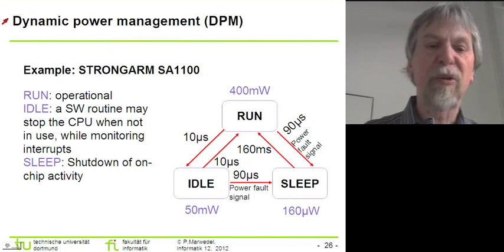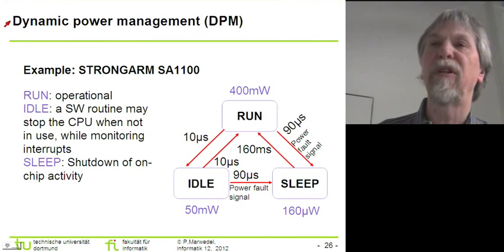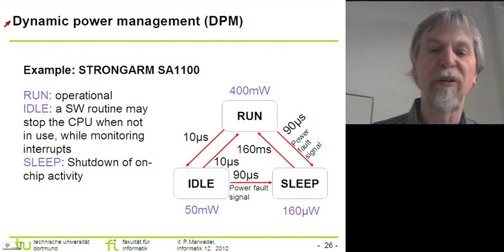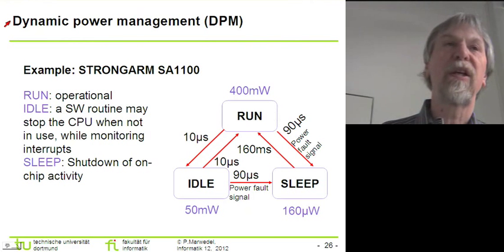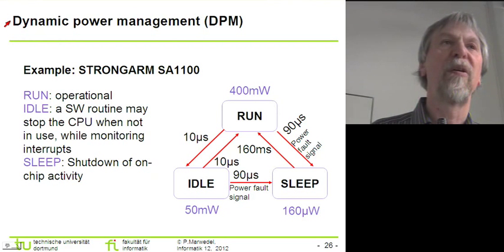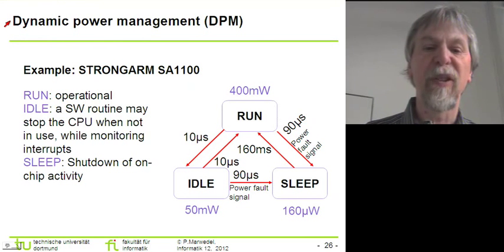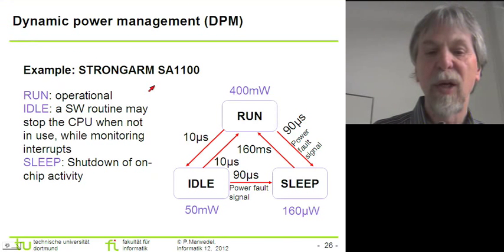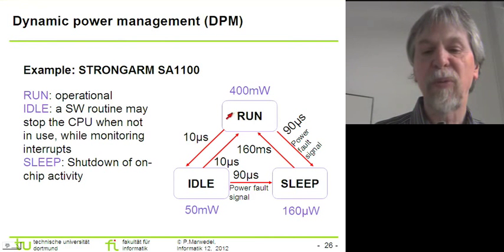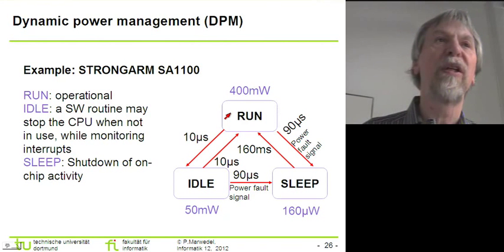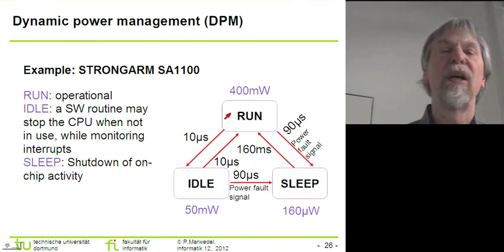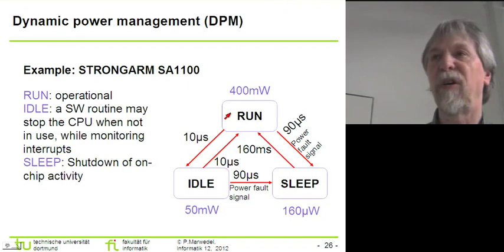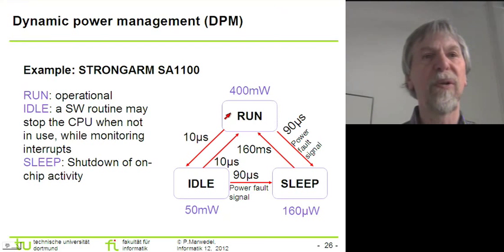Now, currently I'm talking about techniques for reducing the power consumption for processing. One technique that is available with most of today's processors is dynamic power management. With dynamic power management, we are exploiting the fact that we need the full power only if the processors are in full operational mode.